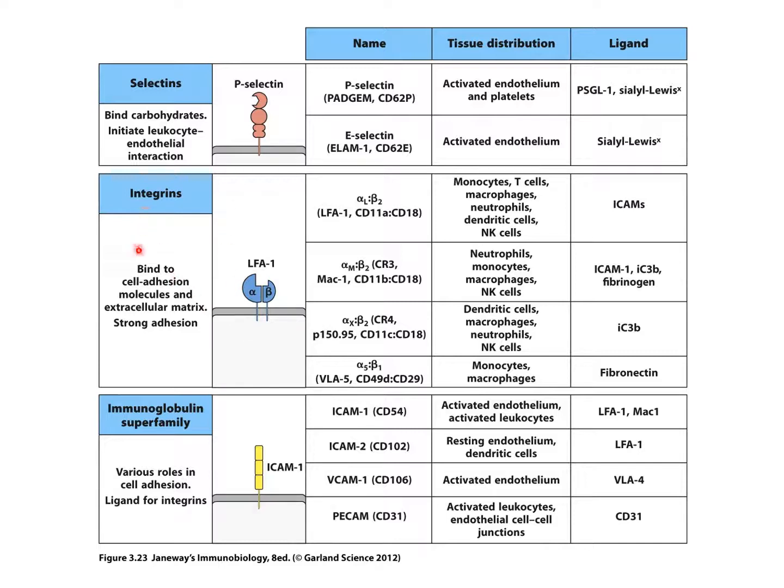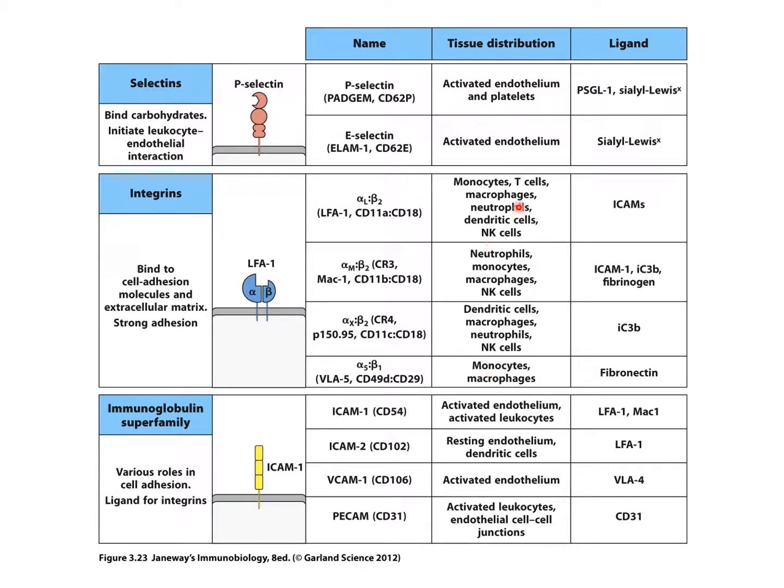The integrins, they bind to specific adhesion molecules on the surface of the white blood cells. LFA alpha, LFA beta work together as a dimer. Depending upon which ones, alpha L, beta 2, alpha M, beta 2, there's different versions that react with different cells.